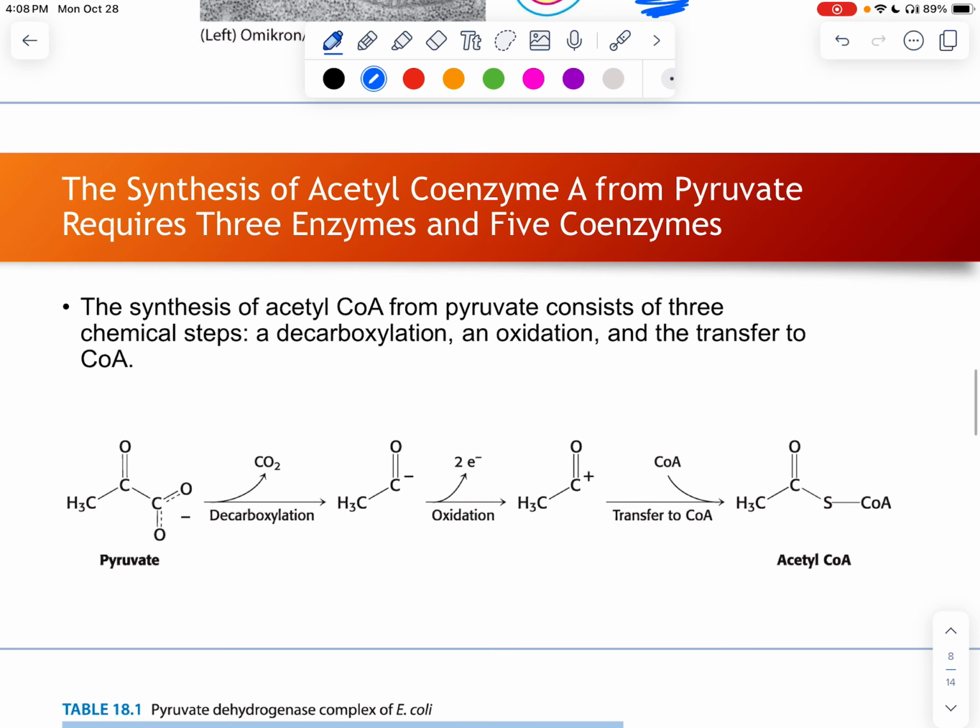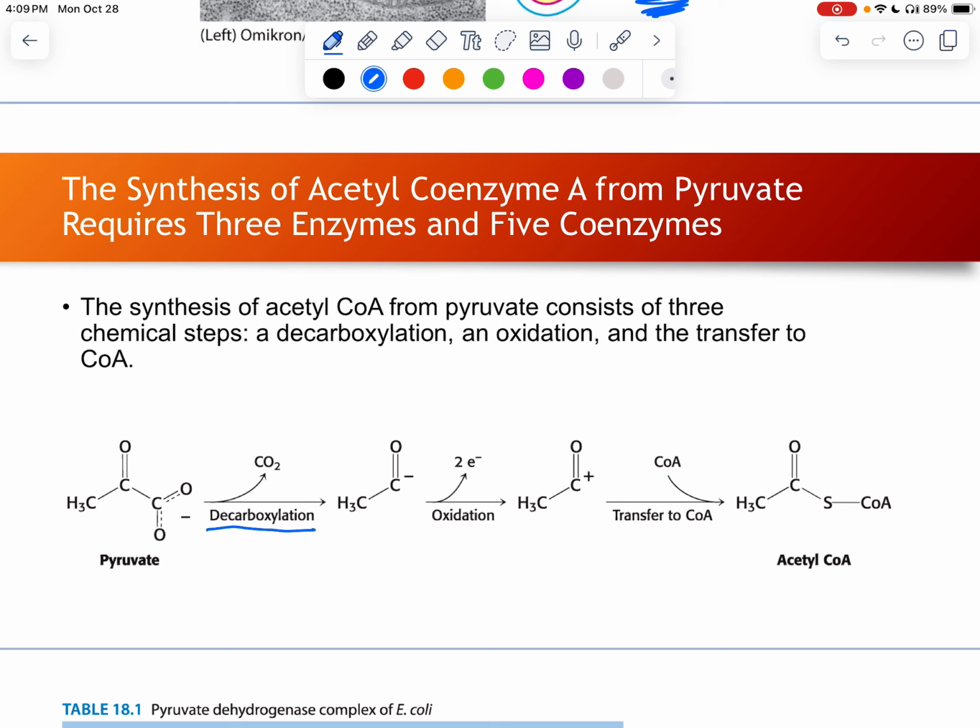Synthesizing acetyl-CoA from pyruvate requires 3 enzymes and 5 coenzymes, and it's got 3 chemical steps. When I say dehydrogenase, you should think, ooh, redox reaction, so we know we're going to have redox going on. If we look at our 3 steps, first we're going to have a decarboxylation, so we're removing that CO2.